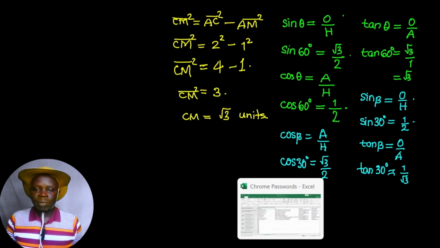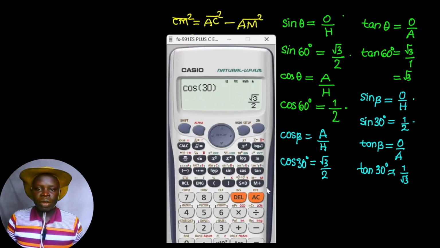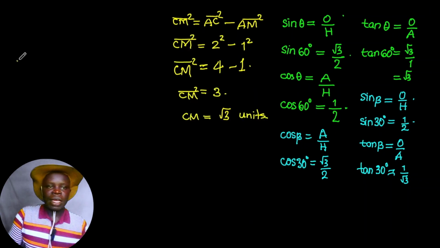Let's take a look at the tangent on the calculator. The calculator gives root 3 over 3, whereas here we have 1 over root 3, and we start wondering what happened. Now there is nothing strange here. We have a root in the denominator, and it is always good to rationalize.